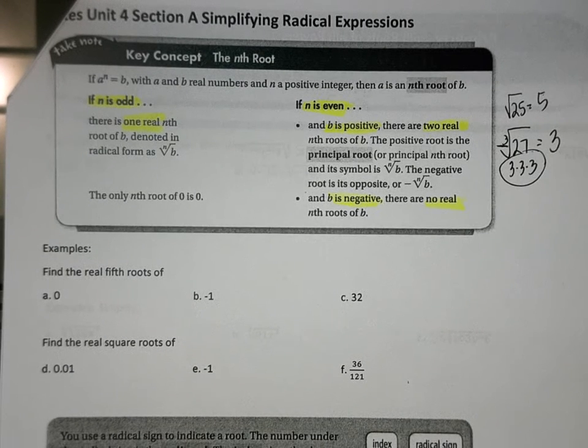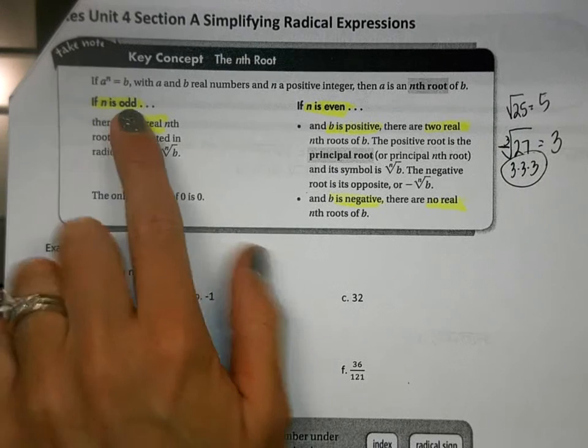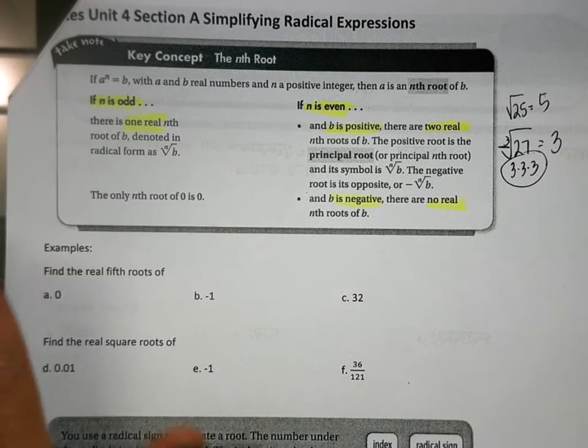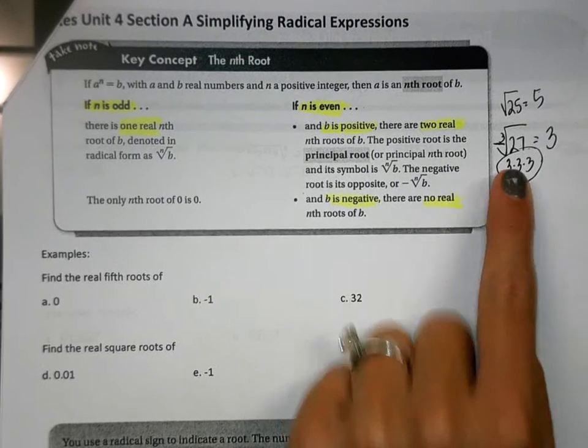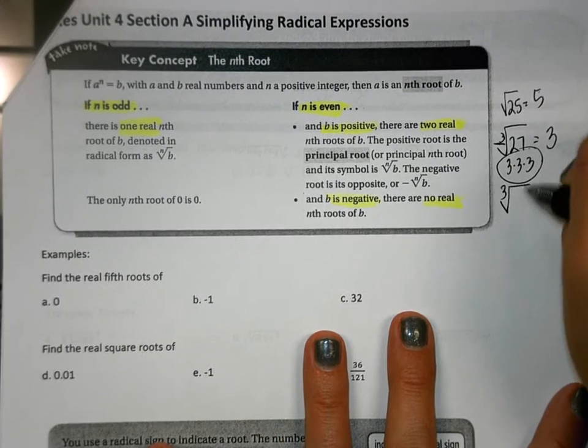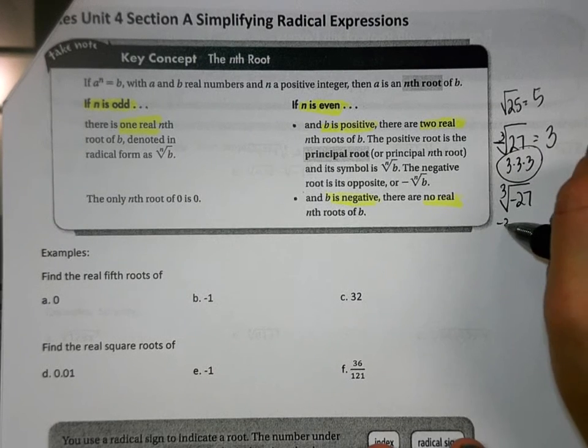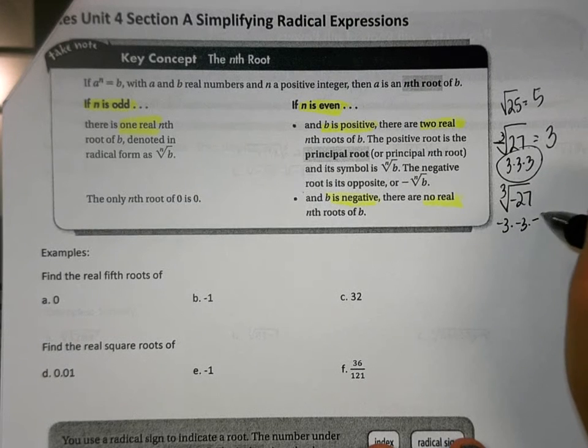What makes this slightly different is that when n is odd, you can have a negative inside. For instance, the cubed root of negative 27 isn't an imaginary number. The answer would actually be negative 3, because negative 3 times negative 3 times negative 3 is negative 27.